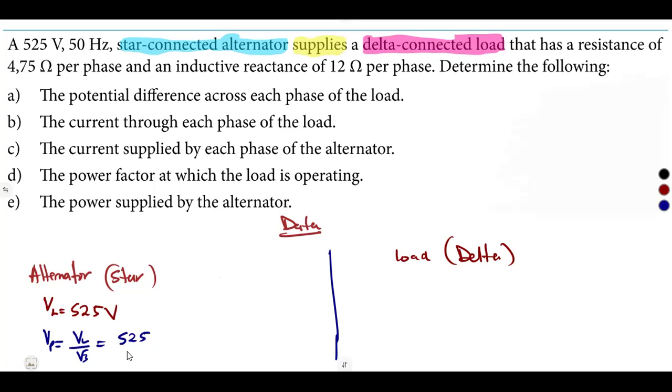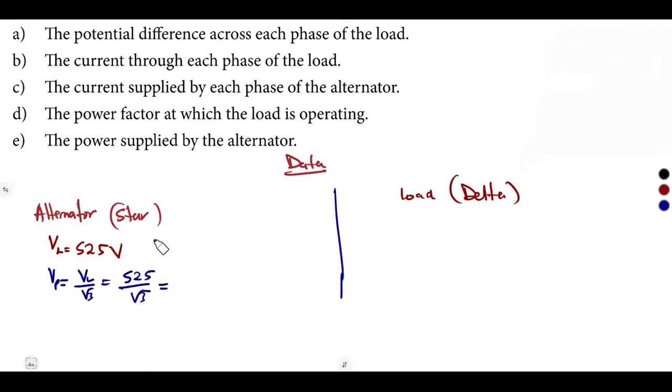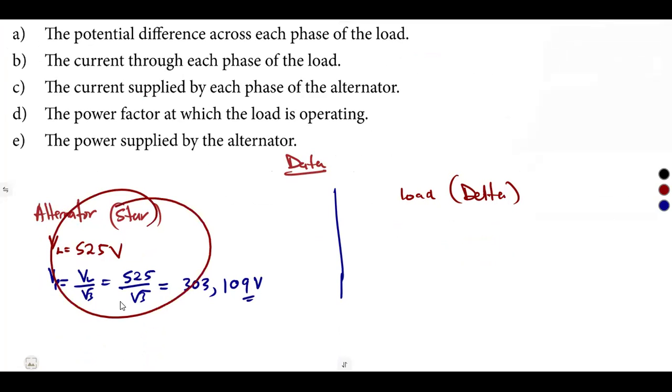So we must divide this by the square root of 3 to obtain the phase value, which was going to be 303.109 volts.